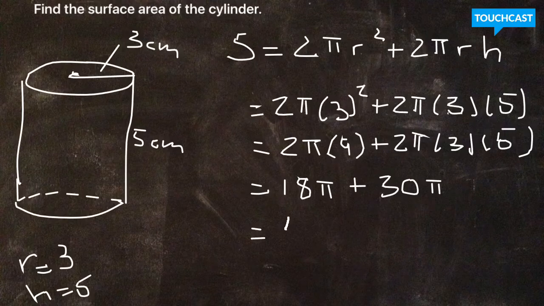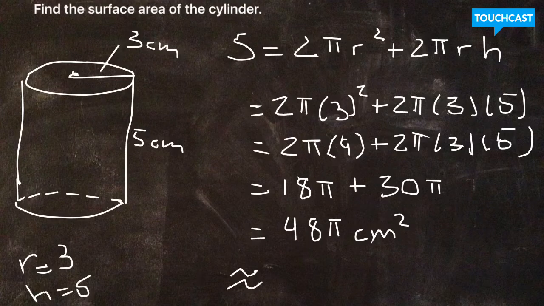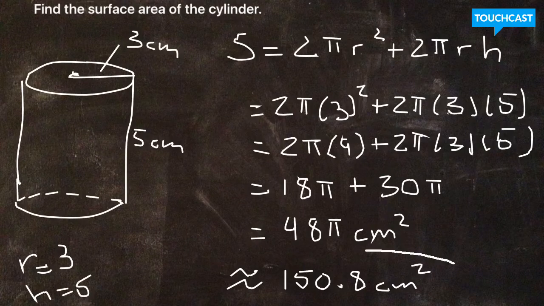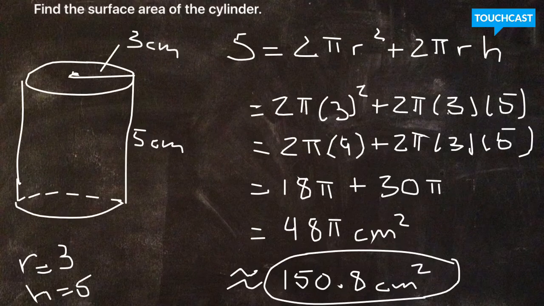So this is 48 pi centimeters squared. So if we wanted to leave our answer in terms of pi, we would be done. But now we're going to use 3.14 for pi to approximate the surface area to be 150.8 centimeters squared. And we're done with our first example.